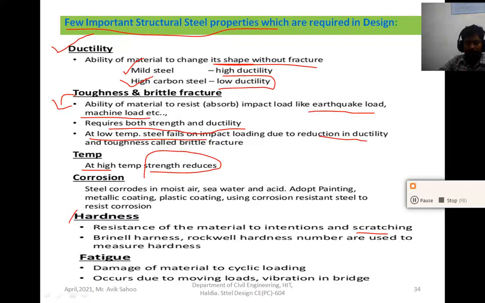This hardness we can measure using the Brinell hardness and Rockwell hardness tests. So number by number we understand the hardness of the metal. Then fatigue is basically produced due to cyclic loading, which happens in bridges because, due to the moving loads, the vibration increases.